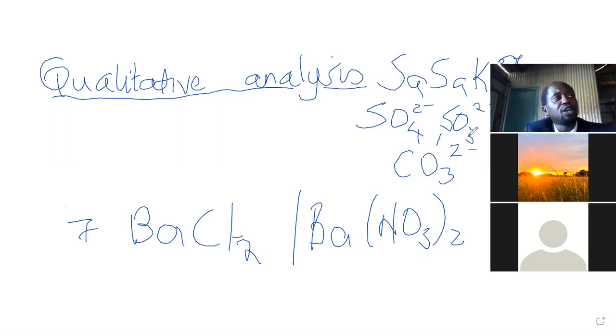Hydrochloric acid or nitric 5 acid can follow barium chloride, and that now distinguishes carbonate and sulfite ions, because if they had formed a white precipitate, the two anions react with acids and the white precipitate will dissolve.